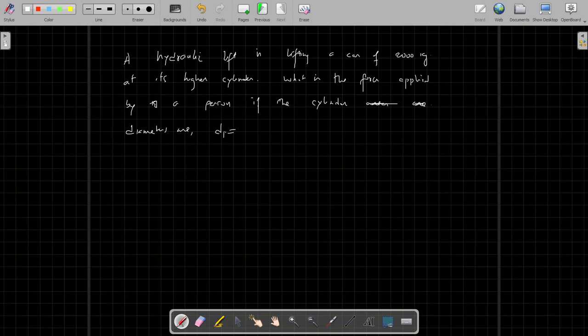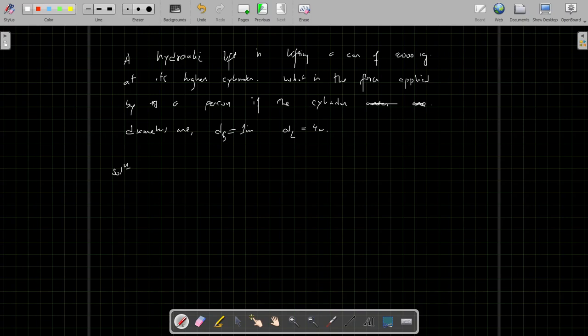D small is, let's say, 4 meter, no, 2 meter. 2 meter is too much. 1 meter. And D large, the big cylinder, let's say it is 4 meter. 4 meter diameter. How will you do this?